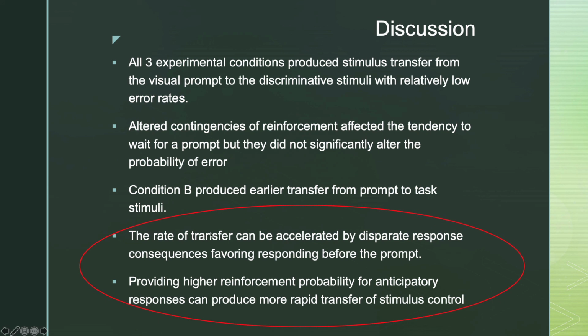The data from this article show that the rate of transfer can be accelerated by disparate response consequences. That is, we could arrange reinforcement contingencies to favor responses that occur before the prompt.